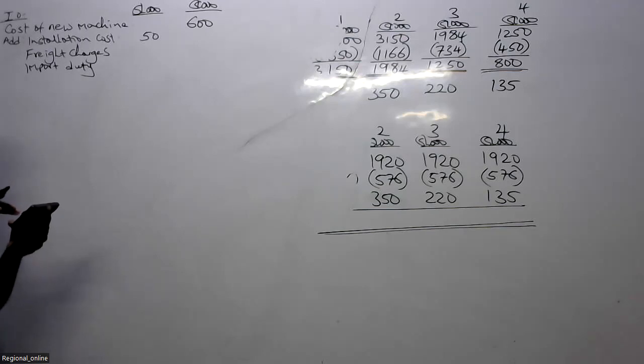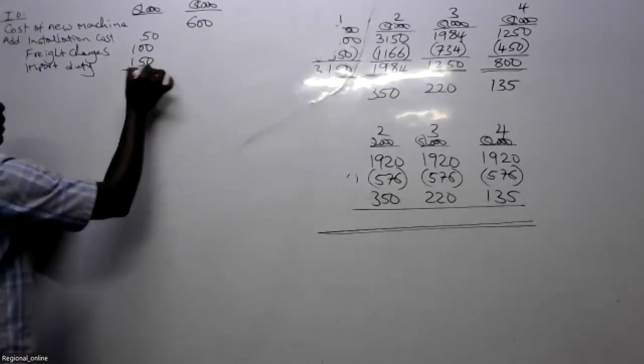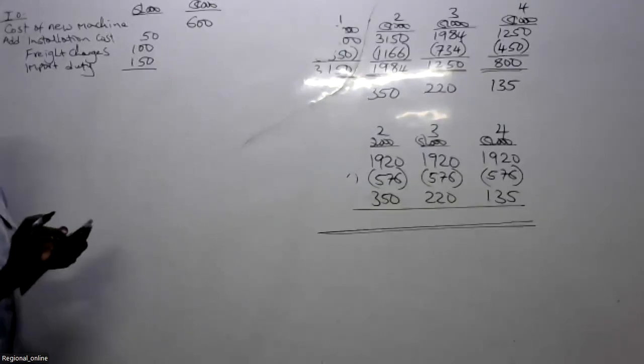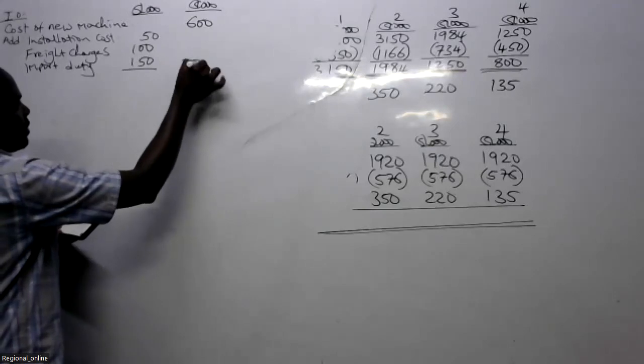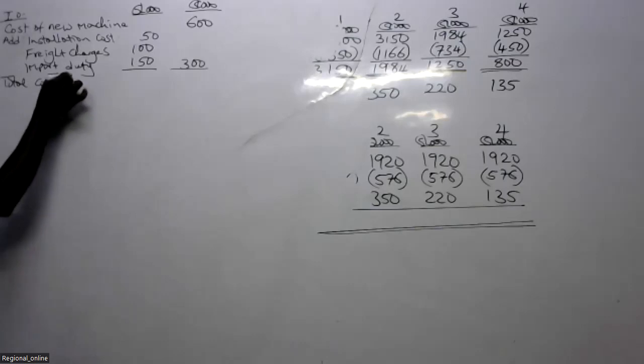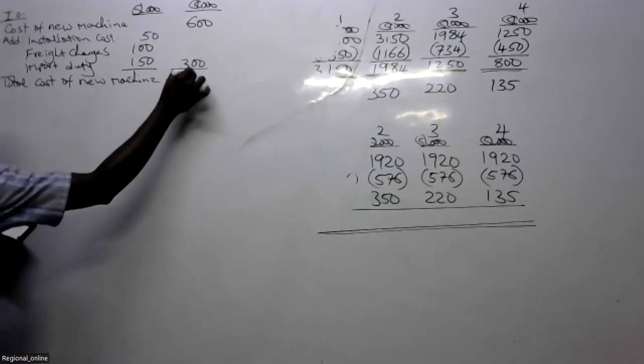Import duty and freight charges. So freight charges they're 100. So that's import duty and freight, 150. That gives 300. 200 plus 100 still. So that gives us total cost of new machine. I think 900.